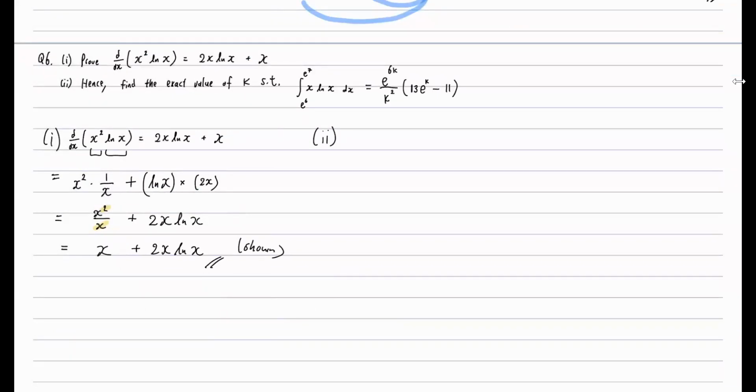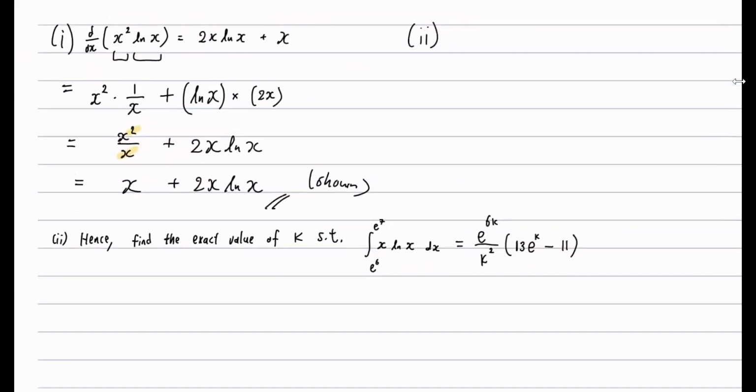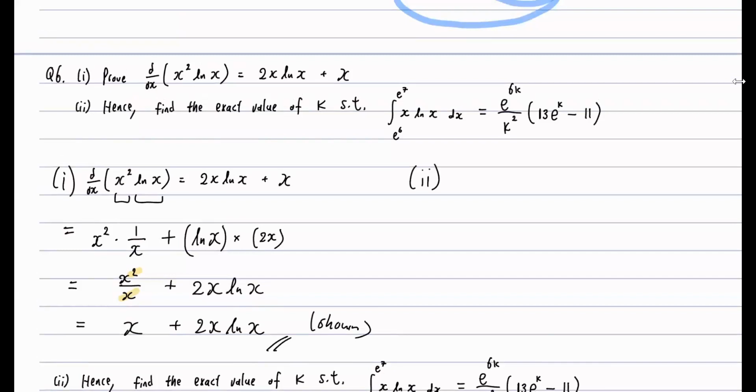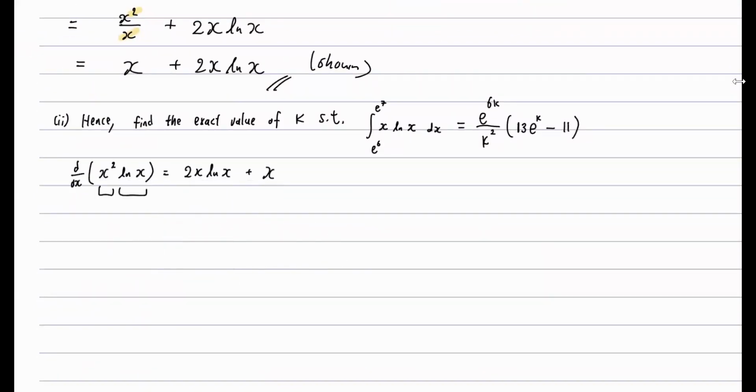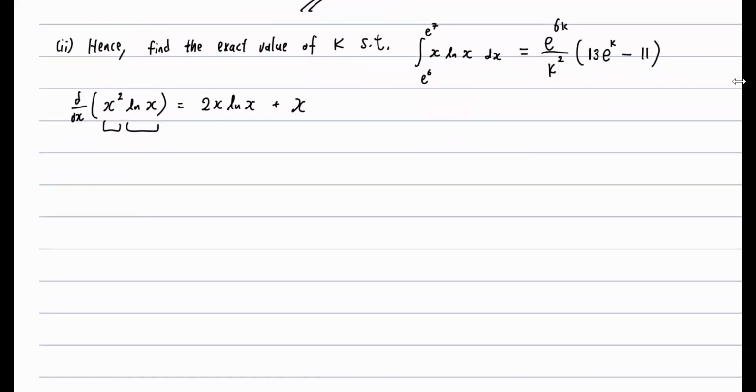Part 2, let's see. Hence, you want to find the exact value of k such that the integral equals that other integral. How? What you need to realize is that this is the same thing we've been doing so far. Let's write down the conclusion from part 1. Even if you cannot solve the derivative in part 1, you should be able to use it to conclude that if you integrate both sides, the integral and derivative cancel away.